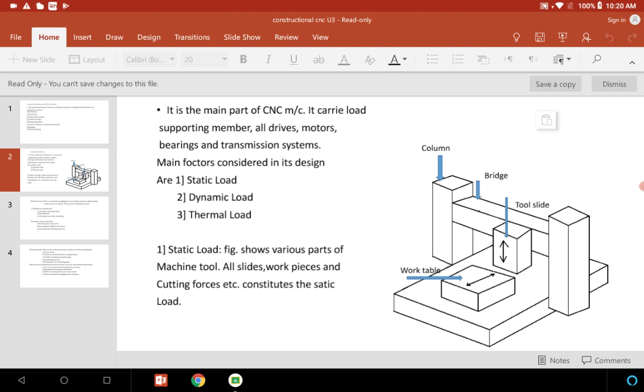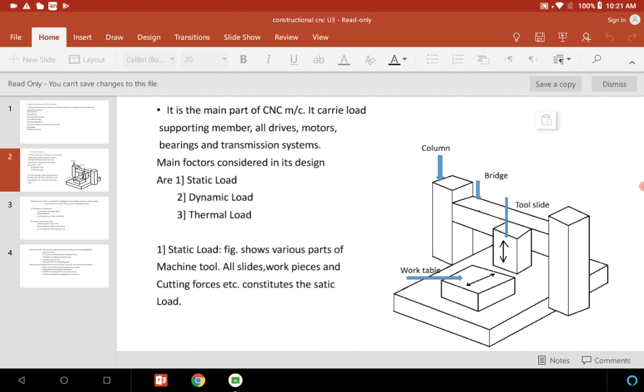To see the types of loads, here the first one is static load, the second one dynamic load, and the third thermal load. Static, which you can call stationary, constant, not moving, that type of load is called static load.